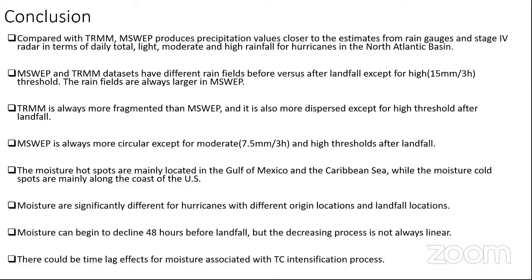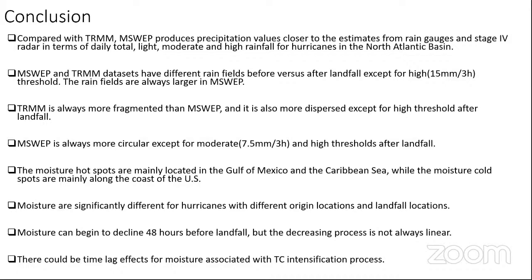The rain fields are always larger in MSWEP. TRMM is always more fragmented than MSWEP, and it is also more dispersed, except for the high threshold after landfall. MSWEP is always more circular, except for the moderate 7.5 millimeters per 3 hour and the high thresholds after landfall.